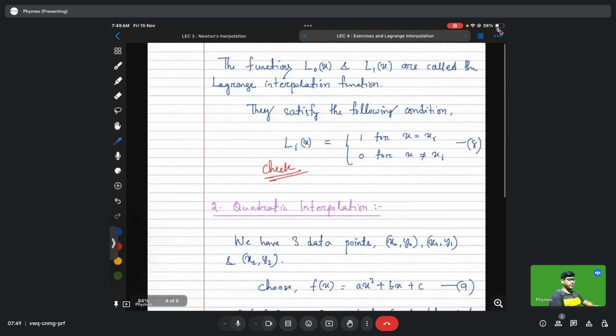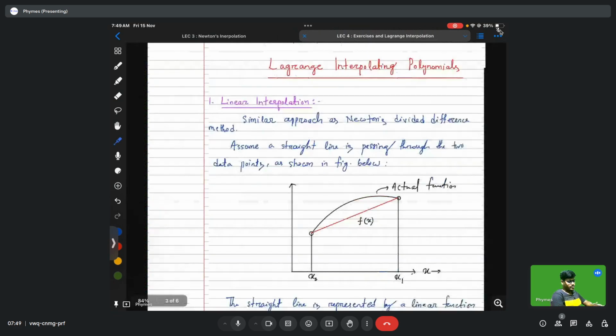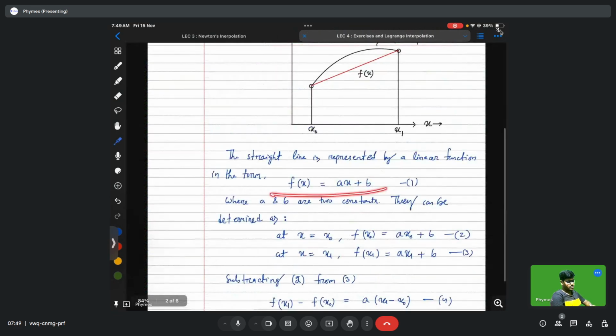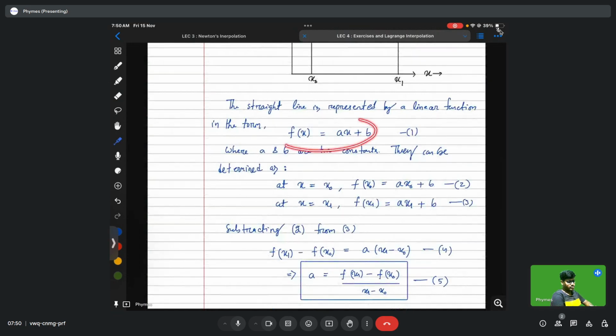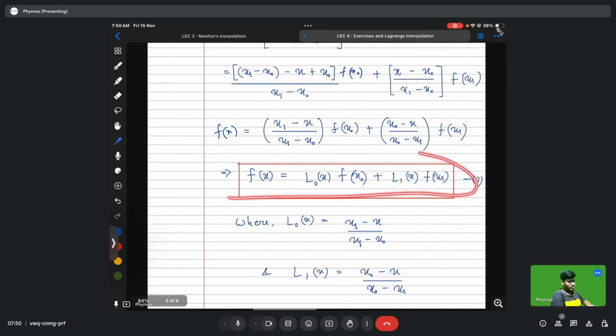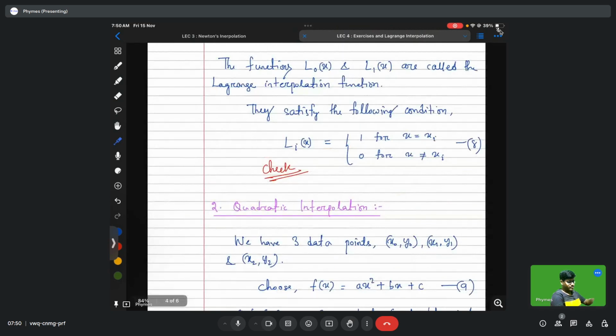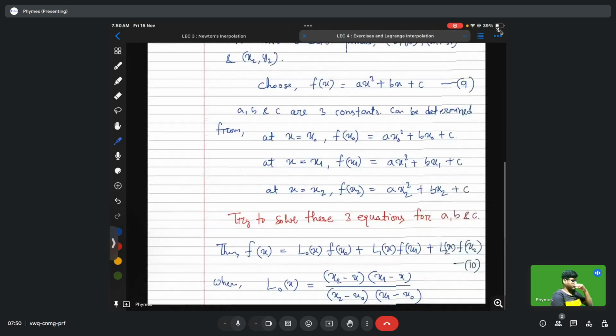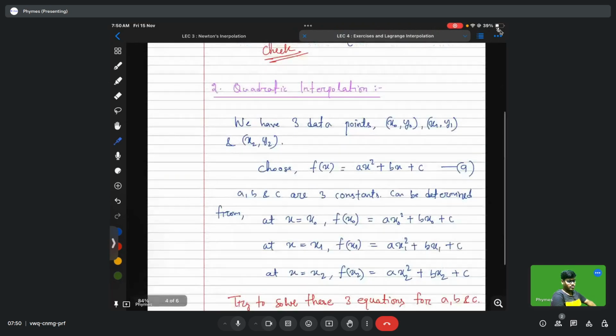So this is the linear interpolation formula. This function f of x equal to ax plus b with which we started can now be written in this form, and these are the Lagrange polynomials. Similarly, we can do the quadratic interpolation.